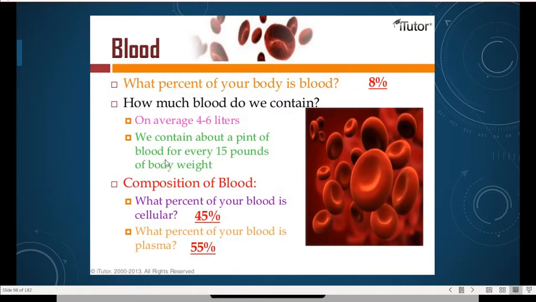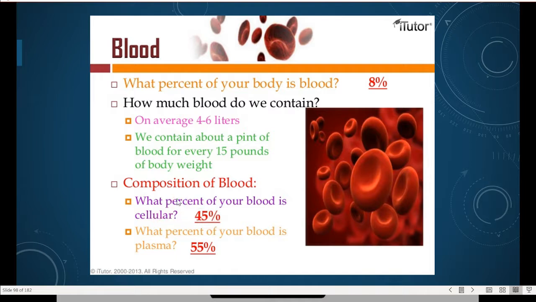So we talked about the blood and the composition of the blood. We have about 4 to 6 liters of blood, give or take a few liters depending on the size of the person. We have 2 parts of the blood. We have the cellular part, which is 45%.